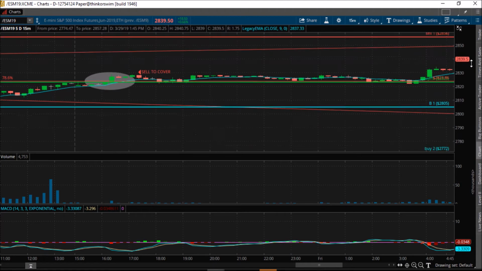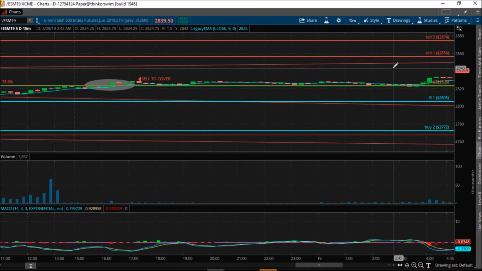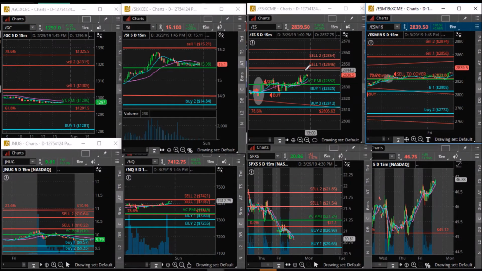The average price is 28.23, and the sell 1 level is 28.56 to 28.74. The sell 1 level daily is 28.46 to 28.56. The average price daily is 28.32. The weekly is 28.23. The market trading above that has activated the daily targets of 28.46 and 28.56 for next week, starting Monday, Sunday night.